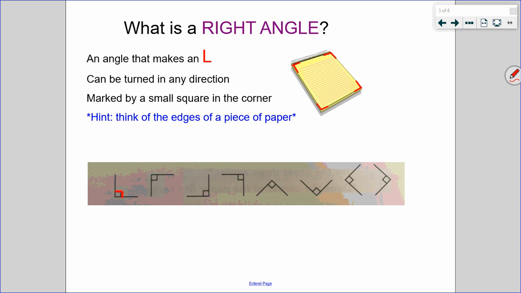Well, it looks like a capital L. The next one, you see the square is marking the right angle, and it's like an upside down L. So take a look at each of these, because each of those angles that you see at the bottom are right angles, meaning it would be like an edge of a piece of paper, nice and straight. And we mark it with a very small square in the corner.